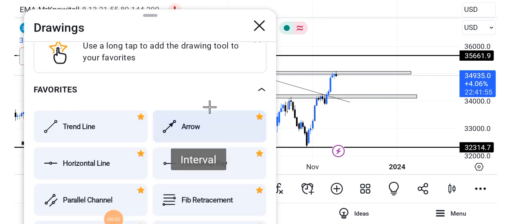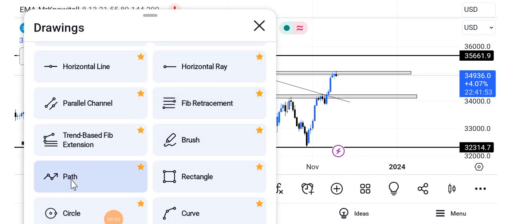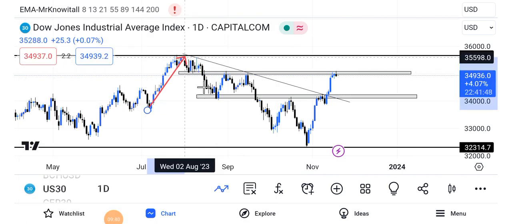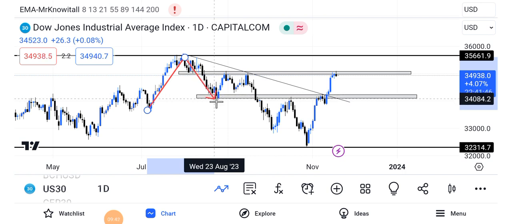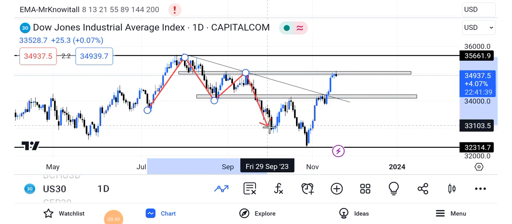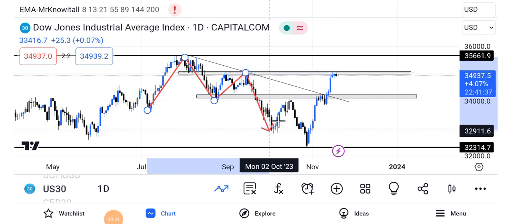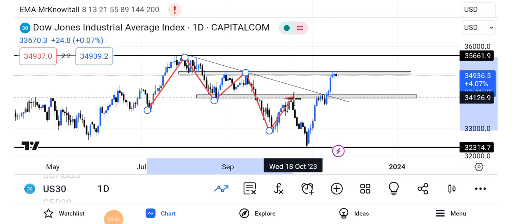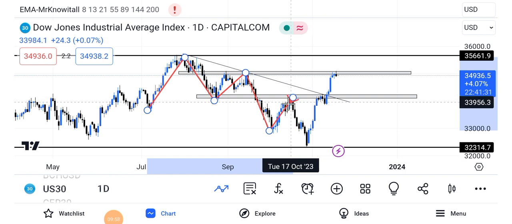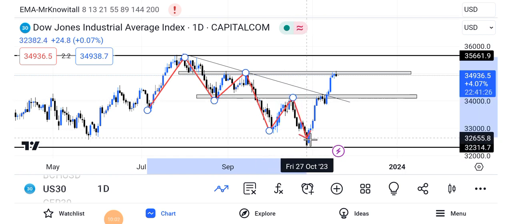I want to show you something right here, guys. If you check at this level right here, you can see that this is also a double top formation, and the market came and respected this area. And what happened after that? It went all the way down, because we completed the retest, which is this big sell that took off like that.